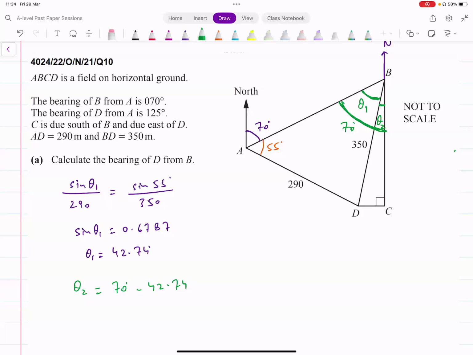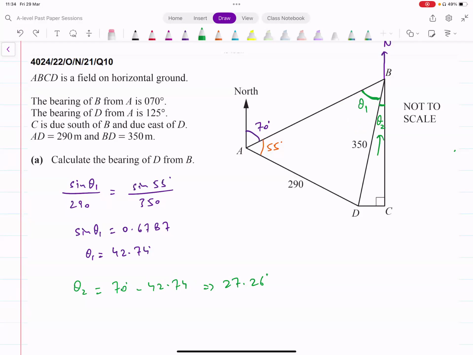So this complete angle is 70. We have one part of this 70, that is 42.74. How can we find the remaining part? By just subtracting 42.74 from 70. Let's see what that gives us. This is 27.26 degrees.